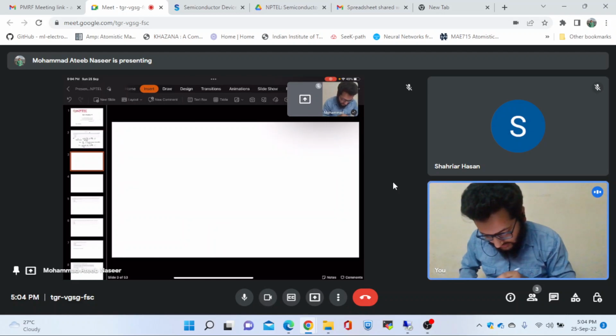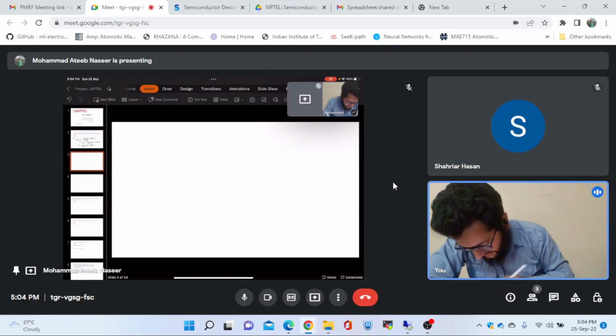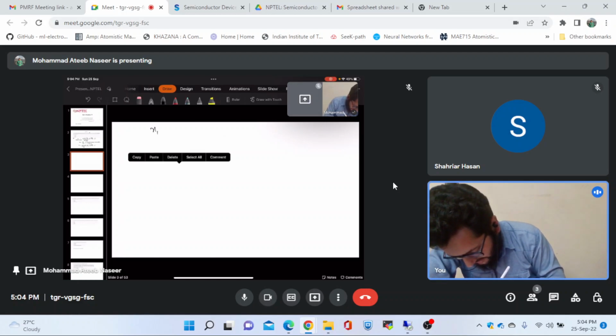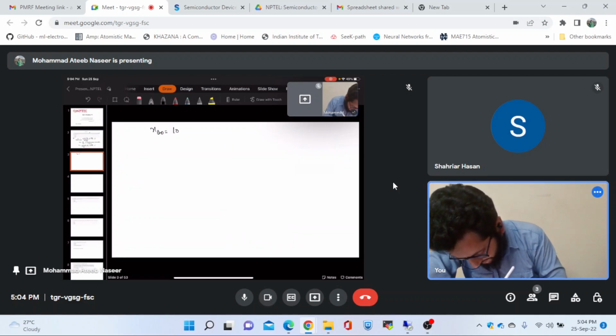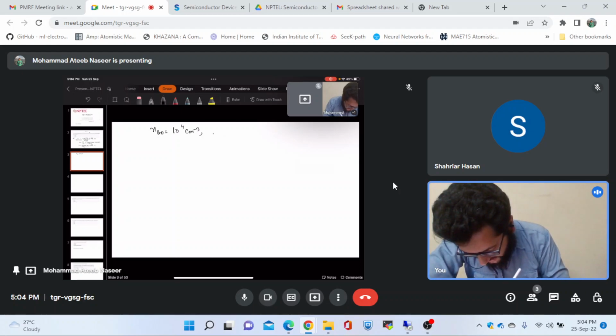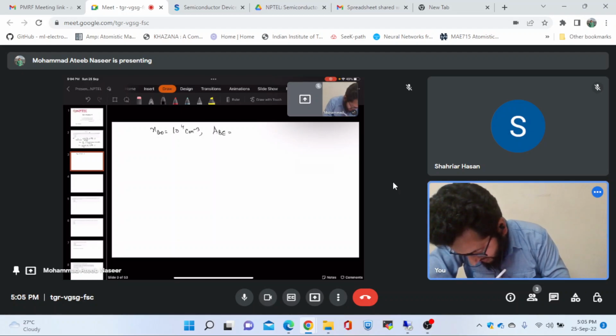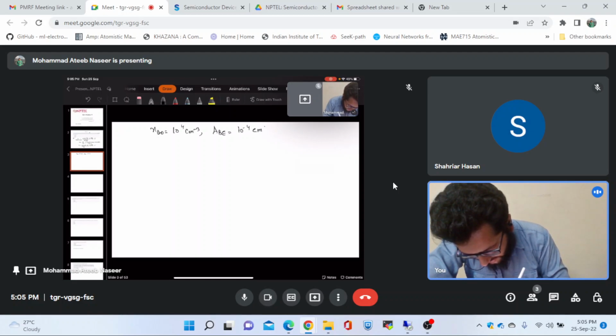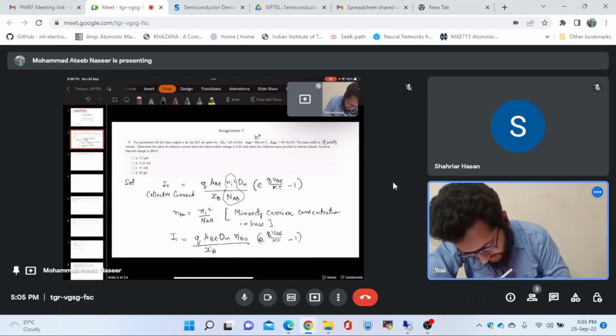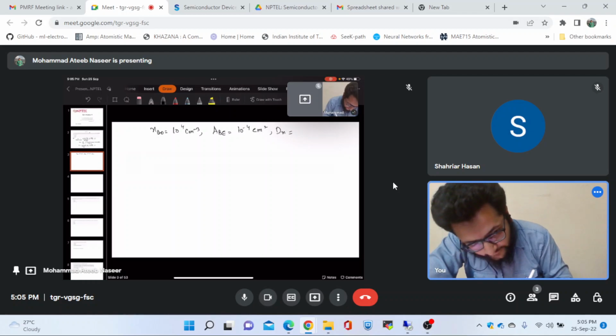This Q is 1.6 into 10 raised power minus 19, and NB naught is 10 to the power of 4 per centimeter cube, and this ABE is equal to 10 to the power minus 4 centimeter square, and dN is 20 centimeter square per second.